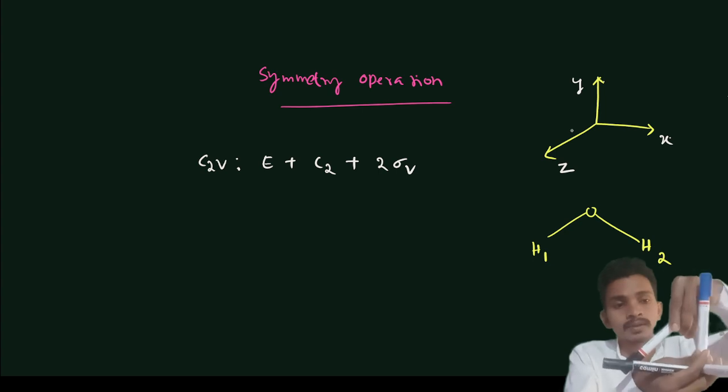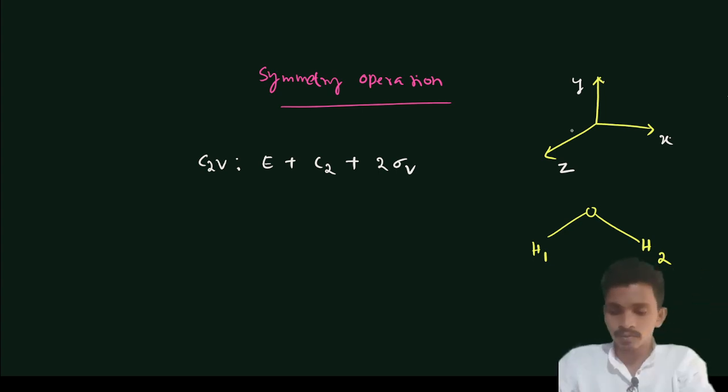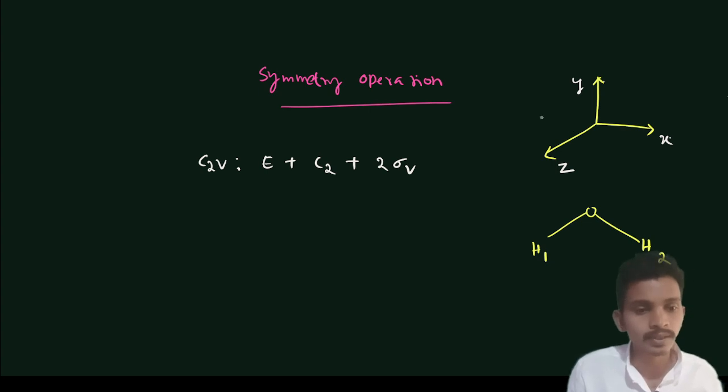You can see that x, y, z axes are all perpendicular to each other: this is 90 degrees, this is 90 degrees, and this is also 90 degrees. All the angles between the axes are 90 degrees.